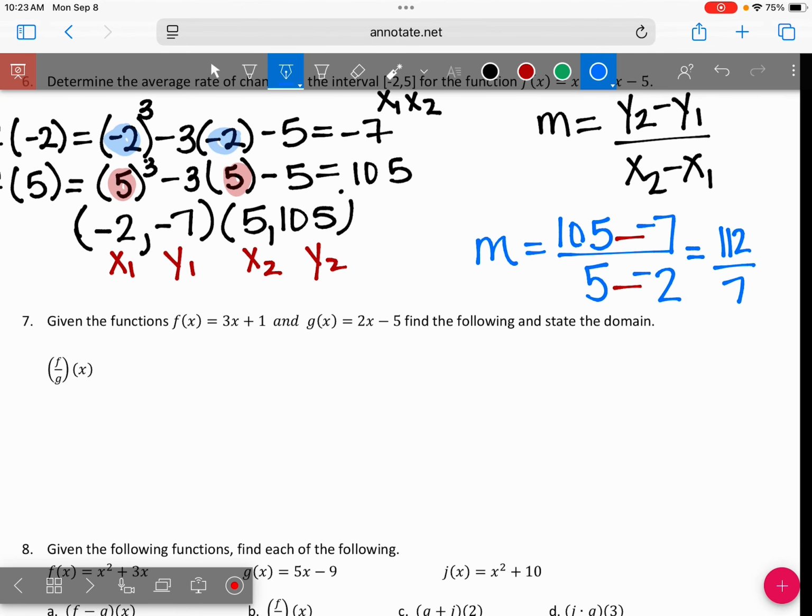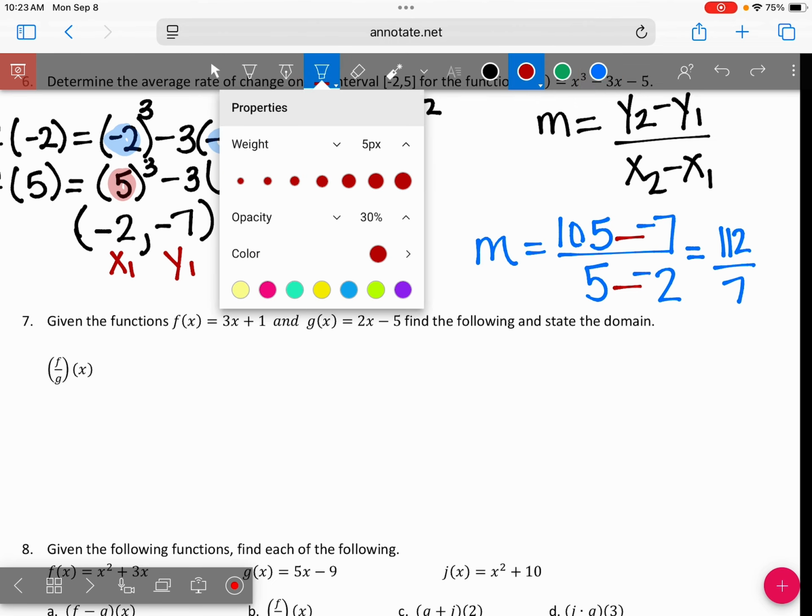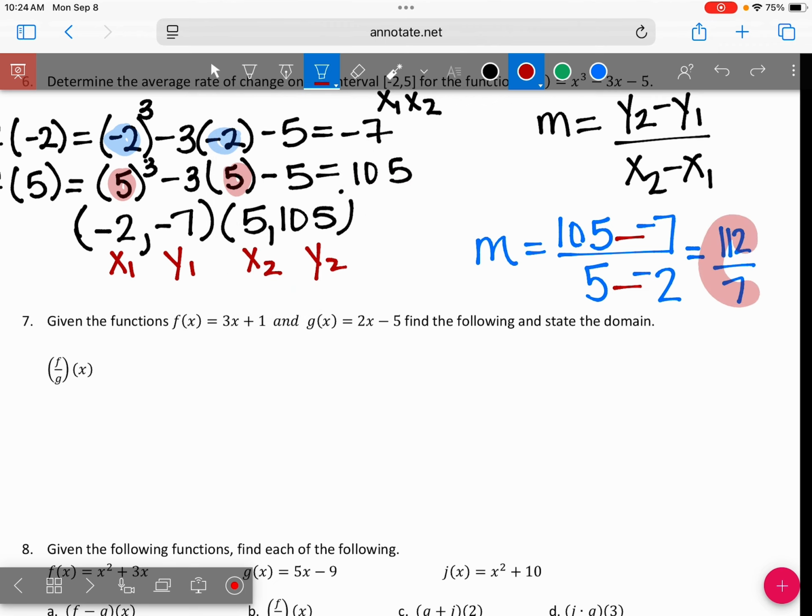I'm out of space here, but if you divide, well, it doesn't divide, sorry. So I'm going to leave it as a fraction. My rate of change is just going to remain 112 over 7, and that would be my answer.